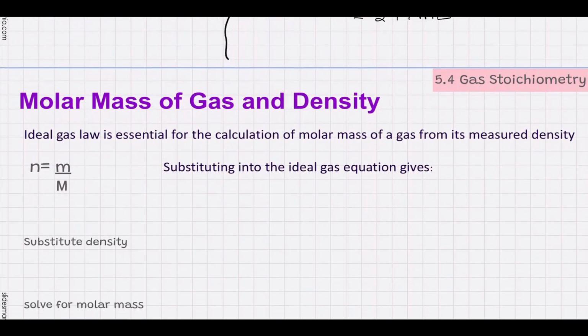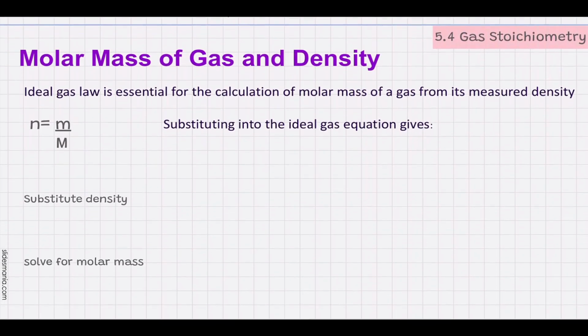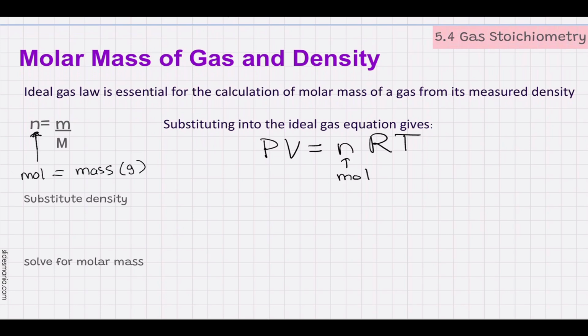Next, I want to go over a way to use the ideal gas law with different variables. So we know that the ideal gas law is PV = nRT, and we know this is on my formula sheet, and plus we know this, moles always equal the mass in grams divided by the molar mass.